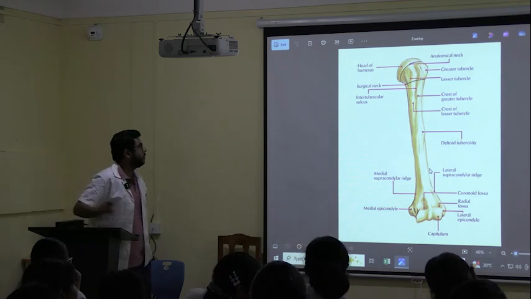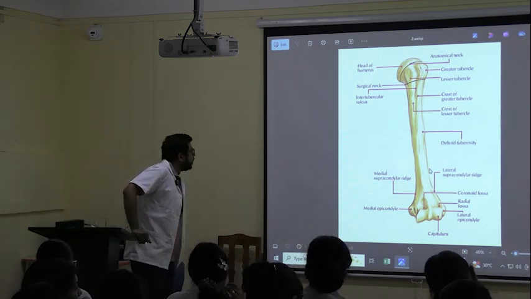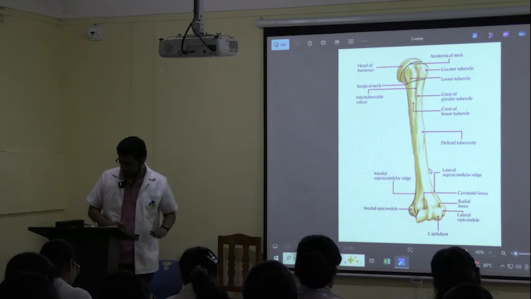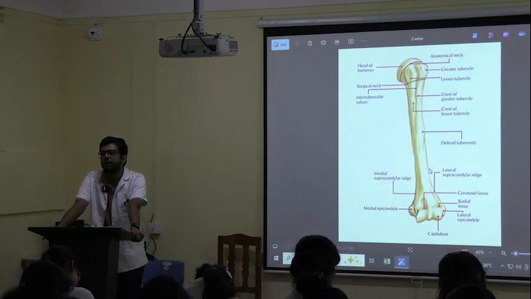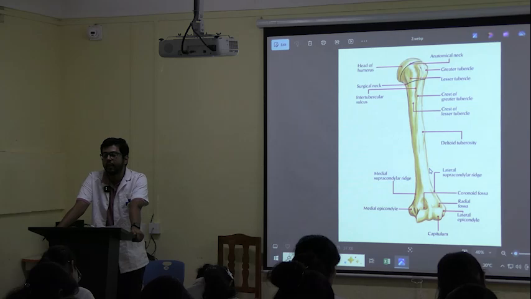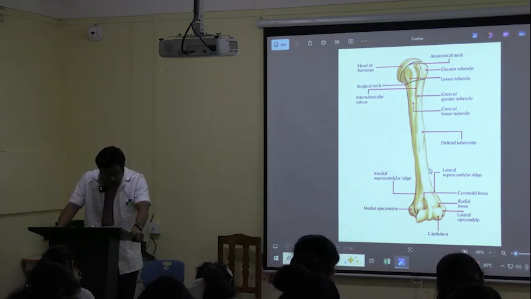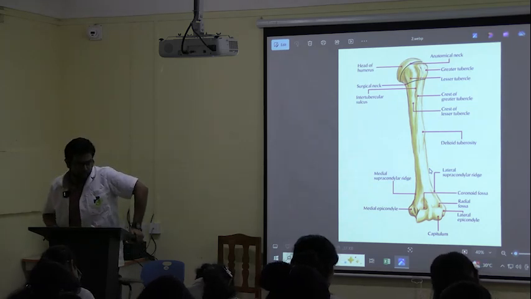So for the next point, write that there is a groove in between those two tuberosities, greater and lesser. Write the name: intertubercular sulcus.